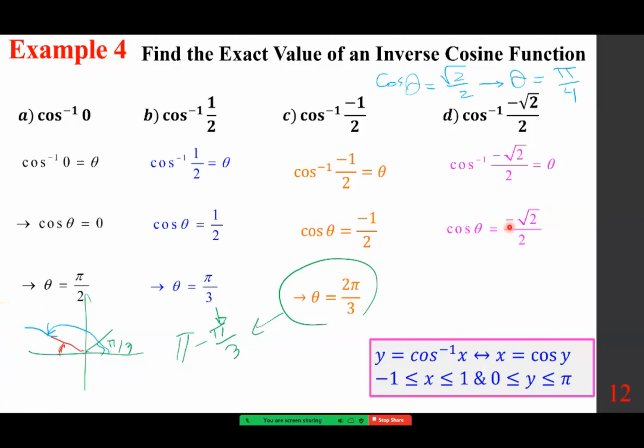Now this is negative. It's in the second quadrant. So now this much is pi over 4. So subtract it from pi. So pi minus pi over 4, which is 3 pi over 4.